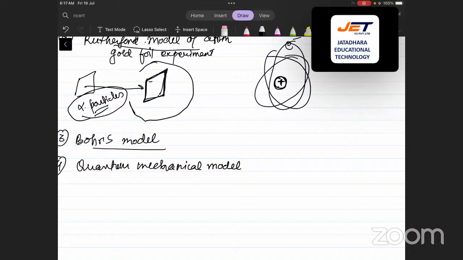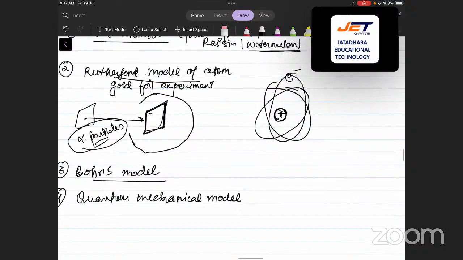So Rutherford, basically, was not able to explain the stability of the atom, right? So the shortcoming, or we say the drawback, of the Rutherford model was that he didn't say anything about why the electron will keep revolving around the nucleus, right?